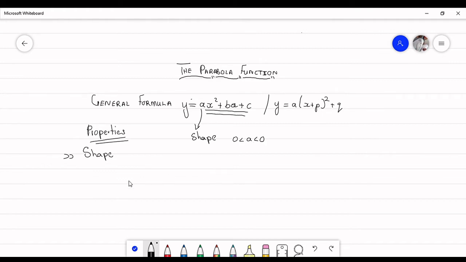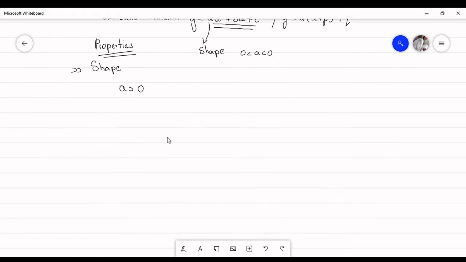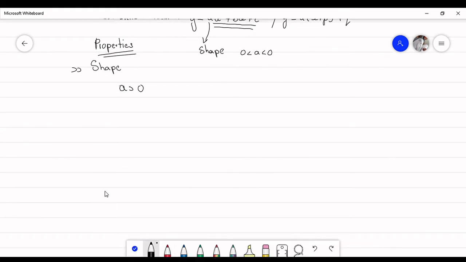So let's say we have a greater than 0. If a is greater than 0, then our function will look like this.